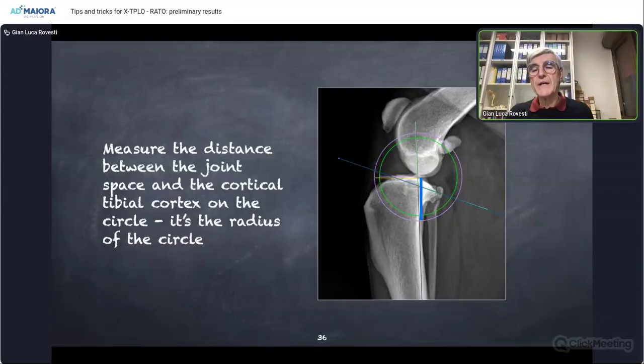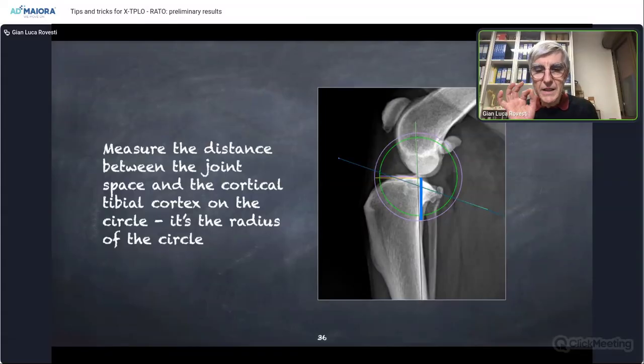And then we will measure the distance from the center of the joint, and the center of the joint is indicated by the insertion of the small insulin needle through the medial collateral ligament.